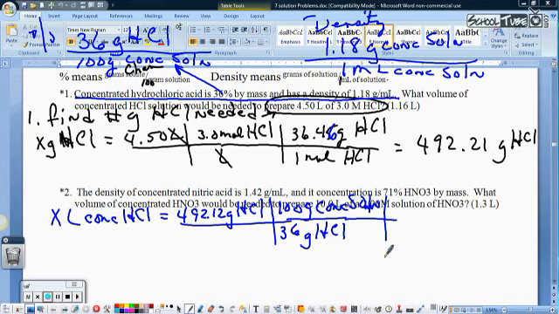So what factor will help me change from grams of concentrated solution to a volume of solution? The density. And how do I need to arrange the density? 1.18 grams concentrated solution, 1 milliliter concentrated solution.